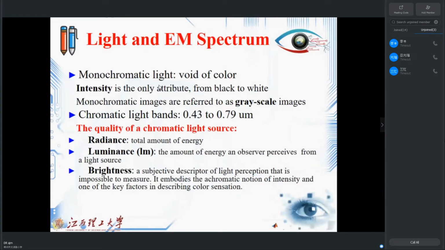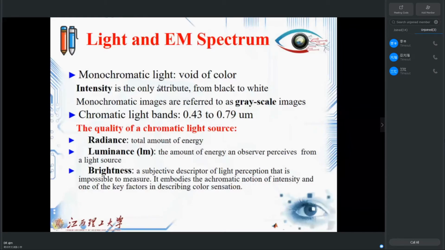The qualities of this light source are radiance, which is the total amount of energy, and luminance, or LM, which is the amount of energy perceived from the light source. And one more thing that we need is brightness, which is a subjective descriptor of light perception that is impossible to measure.